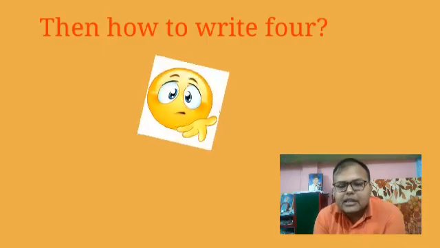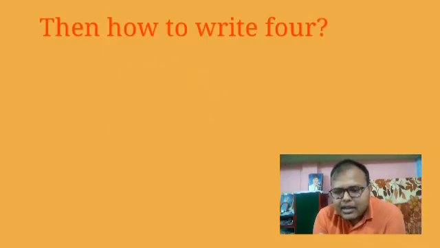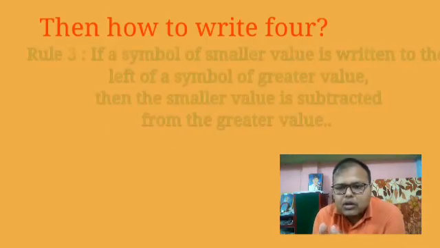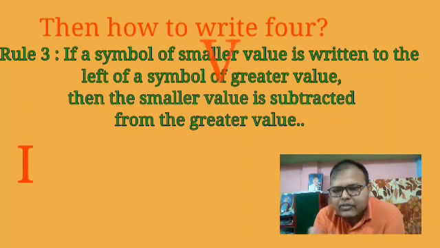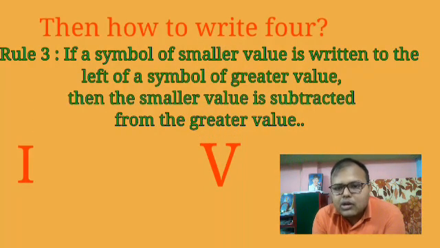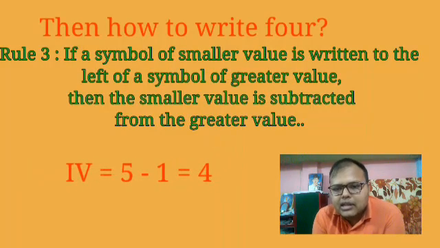So they made another rule that if I write a smaller symbol before a bigger symbol, then the value of the smaller symbol will be subtracted from the value of the bigger symbol. That is, if I write IV, the value of I, that is 1, will be subtracted from the value of V, that is 5 minus 1, which is 4.